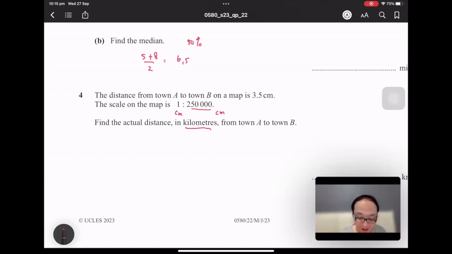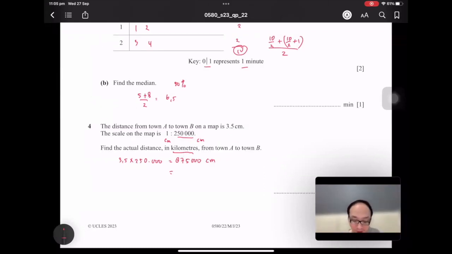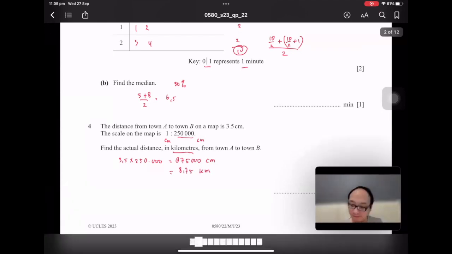So we just multiply 3.5 times 250,000, which equals 875,000 centimeters. Changing into kilometers, that equals 8.75 kilometers.